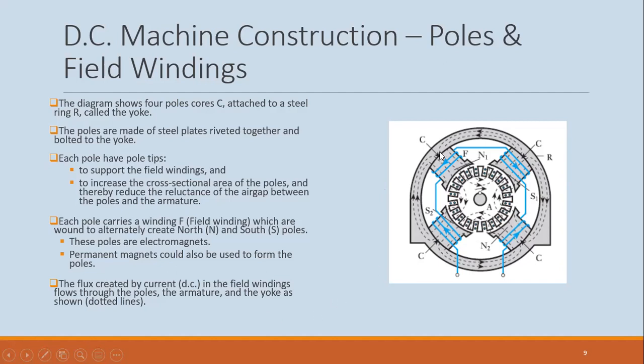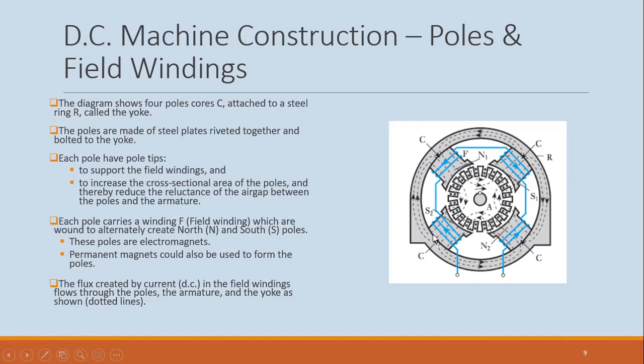Now, the flux actually flows through from the North Pole into the South poles, right? So from this North Pole, N1, into S1, some of the flux goes that way. And in the other one, from this one, it goes into S2, right?